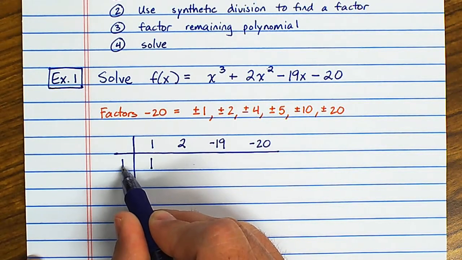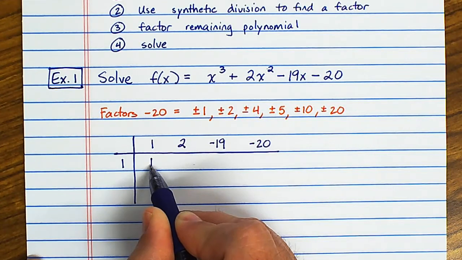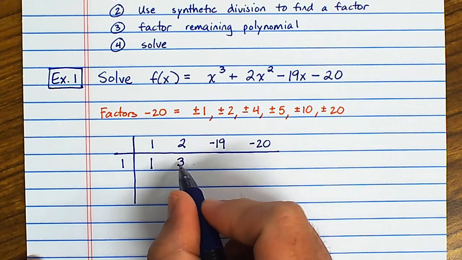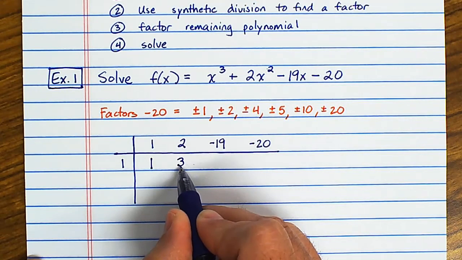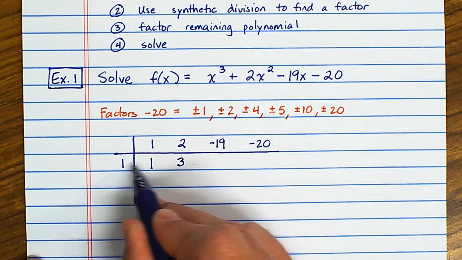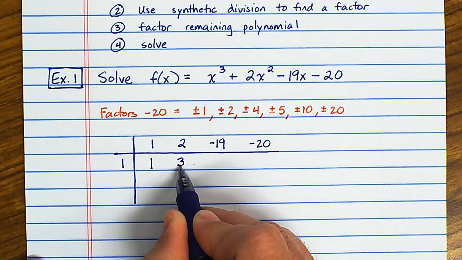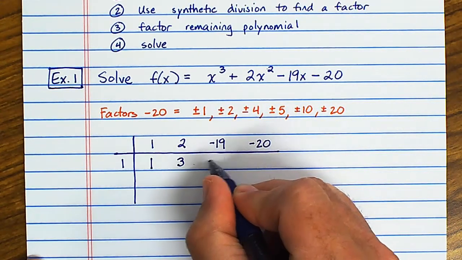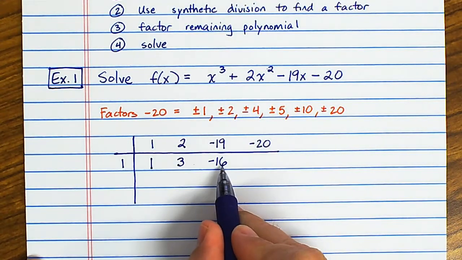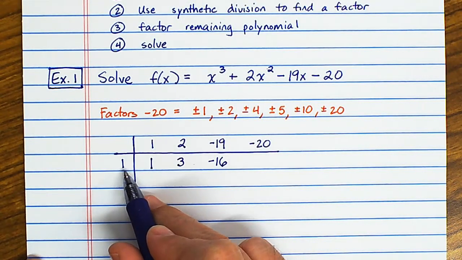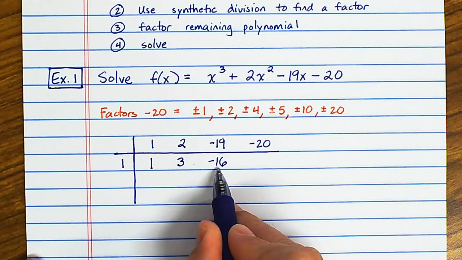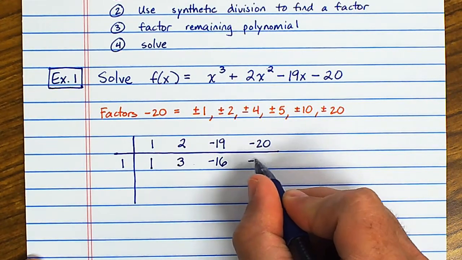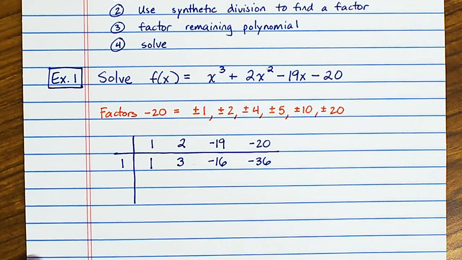Look at what I'm pointing at. 1 times 1 is 1, plus the 2 is 3. 1 times 3 is 3, plus the negative 19 is negative 16. 1 times negative 16 is negative 16, plus the negative 20 is negative 36.